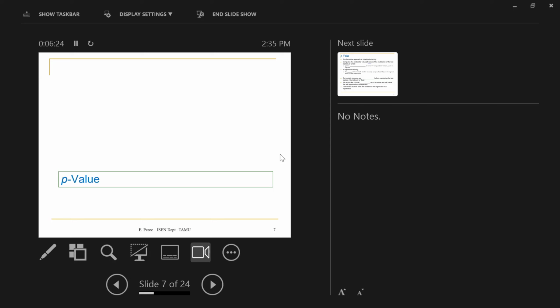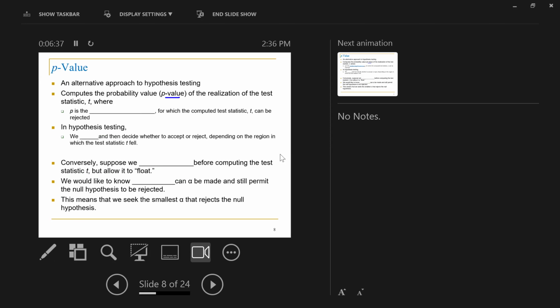Okay, so now we review what the hypothesis test is, right? And then what error type 1 and error type 2 are. Now let's talk about the p-value, which is an alternative approach to hypothesis testing.